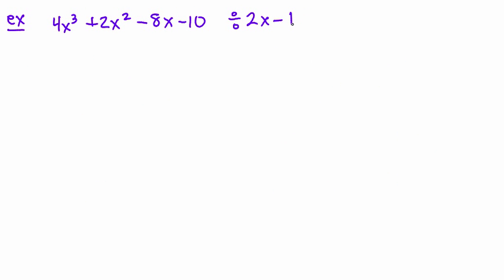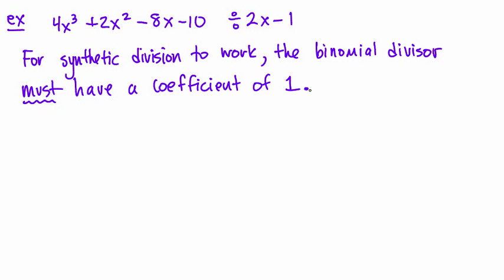Example: 4x cubed plus 2x squared minus 8x minus 10 gets divided by, and we've got a binomial divisor. But there's one other condition about the binomial divisor for synthetic division to work. And that's the fact that for it to work, the binomial divisor has to have a coefficient of 1. And this one doesn't have a coefficient of 1, it's a coefficient of 2.